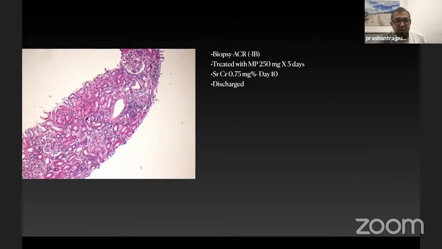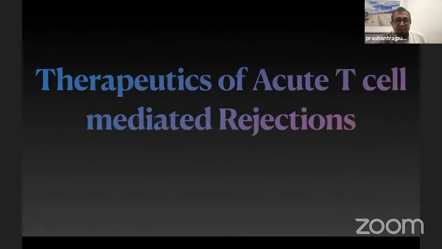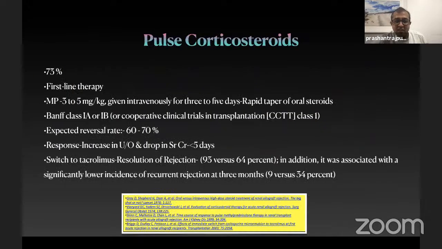As far as the therapeutics of the T cell mediated rejections are concerned, it is still corticosteroids. About 73% of patients receive corticosteroids. It is the first line therapy. The drug of choice is methylprednisolone, given at a dose of 3 to 5 milligrams per kilogram intravenously for 3 to 5 days.